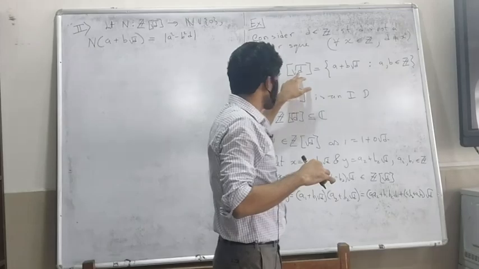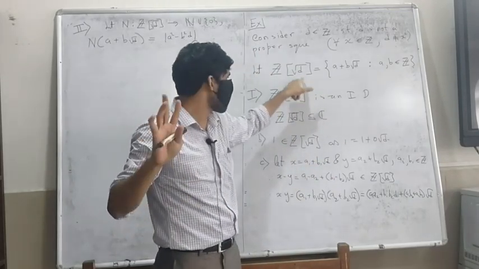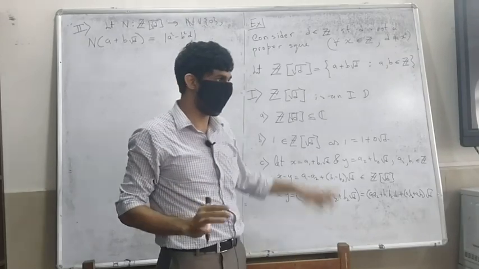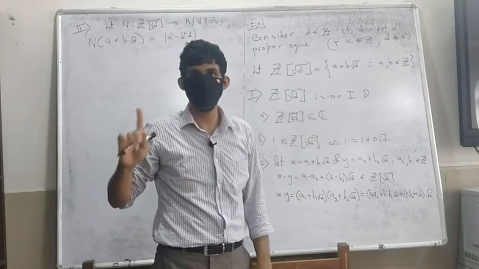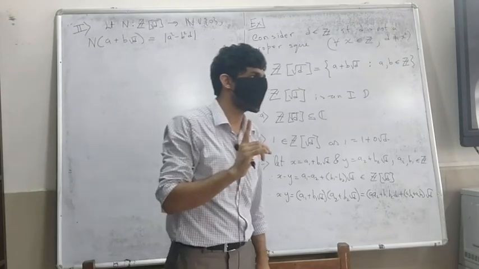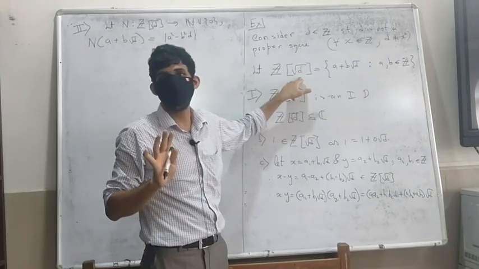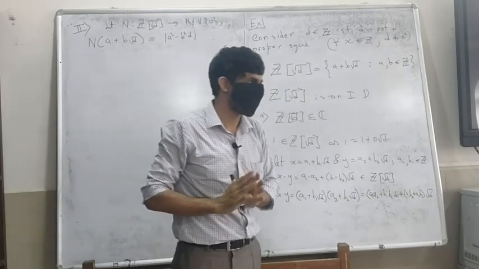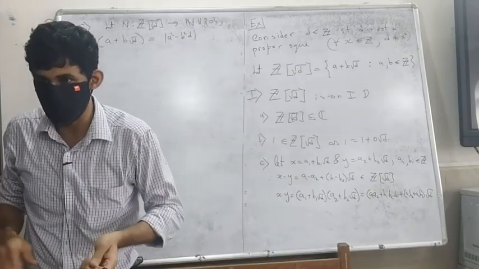By the way, the video which I have created, which I will not be doing in class, is for when d is minus 1. That is called Gaussian integers. And there's a beautiful structure of the Gaussian integers.